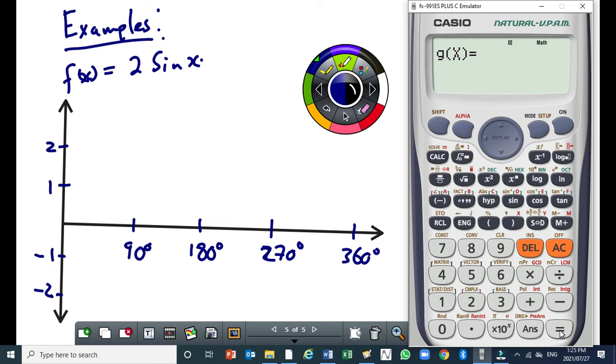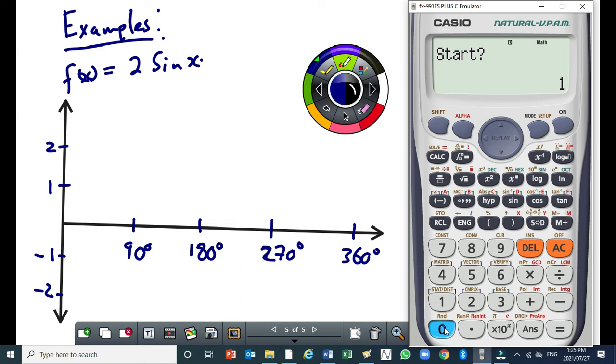Since I'm sketching one graph, I'll just have to press equals. I don't have an equation for g of x, so I'll press 0. Then I'll press equals. Where it says start, it's referring to the minimum value of x, which will be 0.